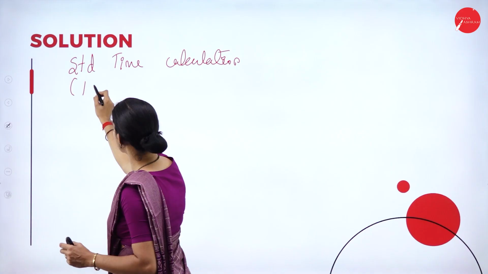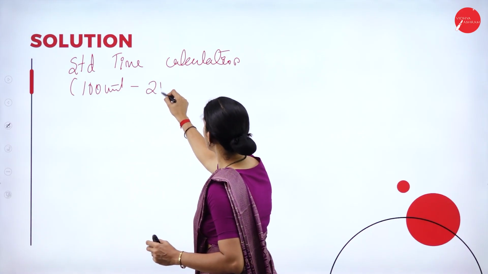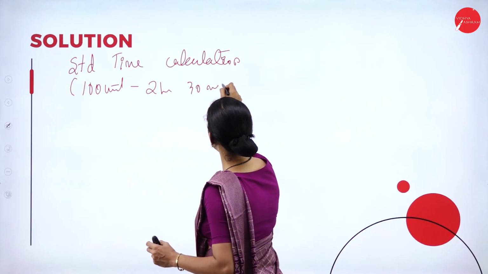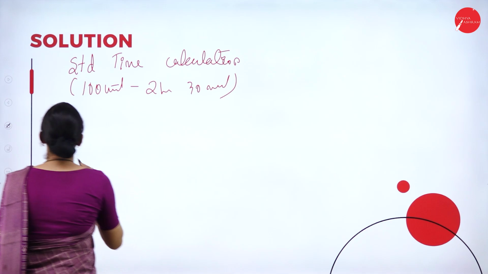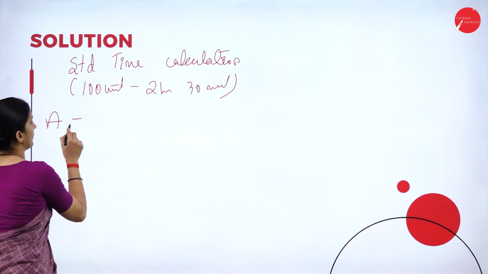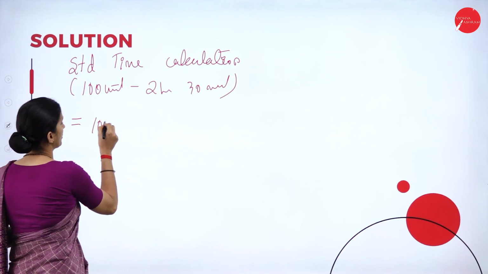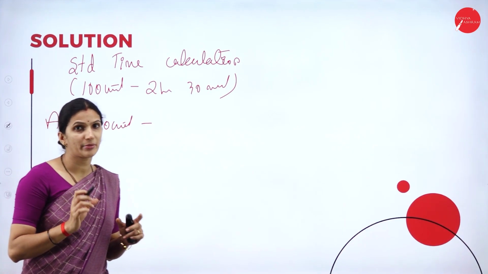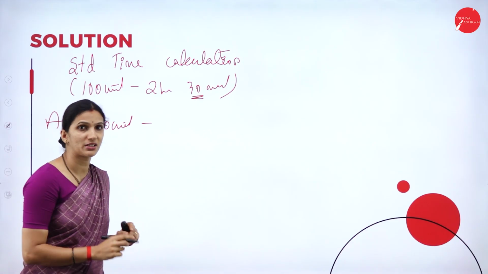Standard time fixed for 100 units is 2 hours 30 minutes. First we will see about worker A. For 100 units, 2 hours 30 minutes. Here you cannot take 2 hours 30 minutes as it is because of the additional 30 minutes given.